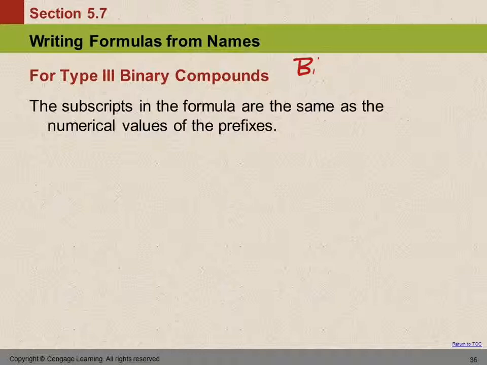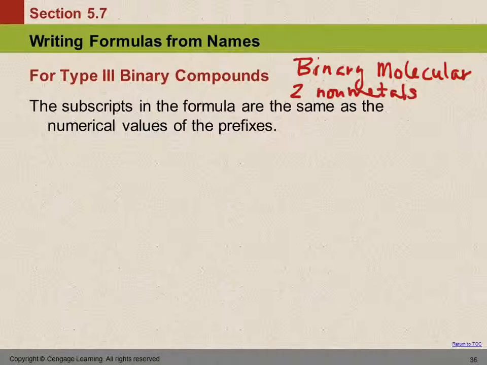It's not bimolecular, binary molecular. Binary molecular is a better name. These are the compounds with two nonmetals. Okay, and these are the ones that everybody likes because this is where we get to use the prefixes.